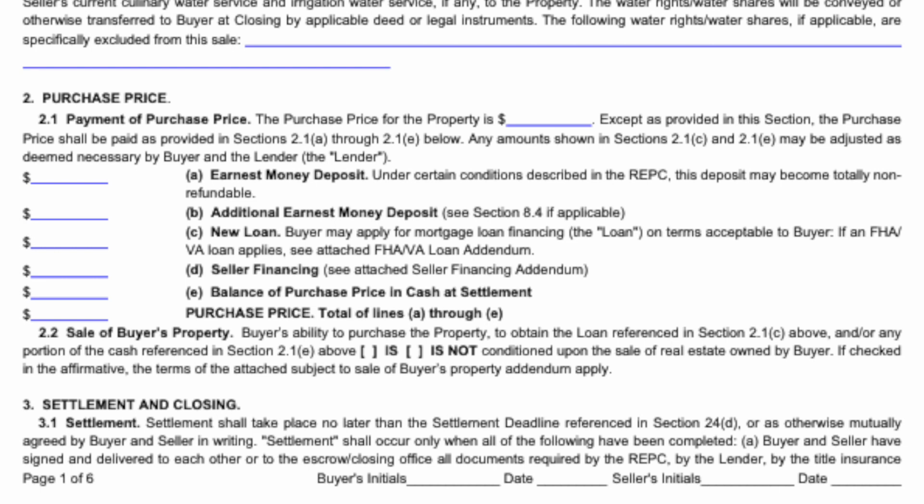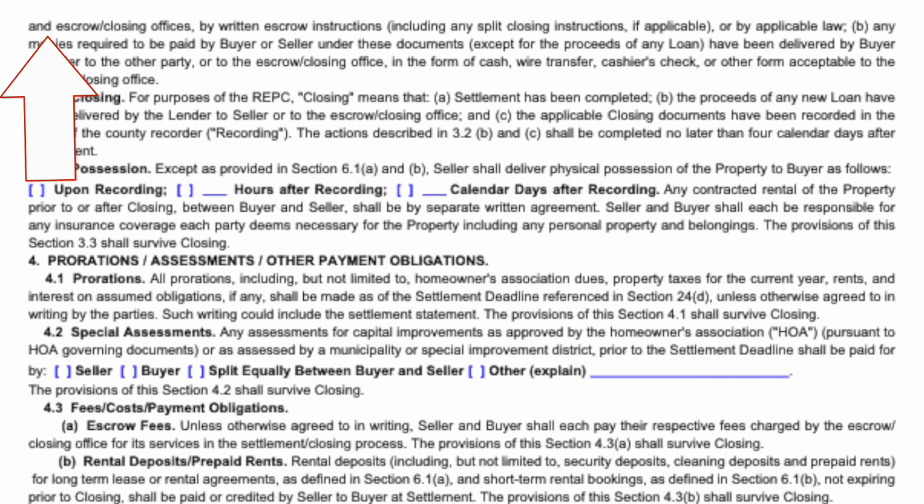Settlement shall occur only when all the following have been completed. A, buyer and seller have signed and delivered to each other or to the escrow closing office all documents required by the REPC, by the lender, by the title insurance and escrow closing offices, by written escrow instructions, including any split closing instructions if applicable, or by applicable law.